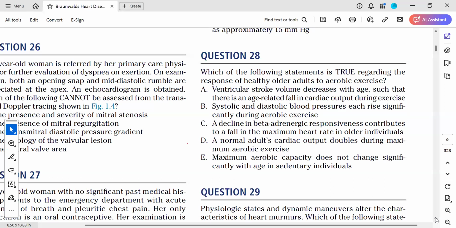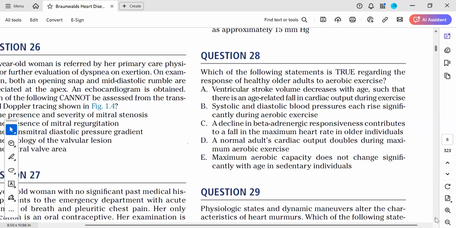Now, during aerobic exercise, the heart rate and the systolic blood pressure are usually increased, whereas the diastolic blood pressure is usually normal because of the peripheral vasodilation. In comparison, with isometric exercise, both the systolic and the diastolic blood pressure increase, and the heart rate will also increase.